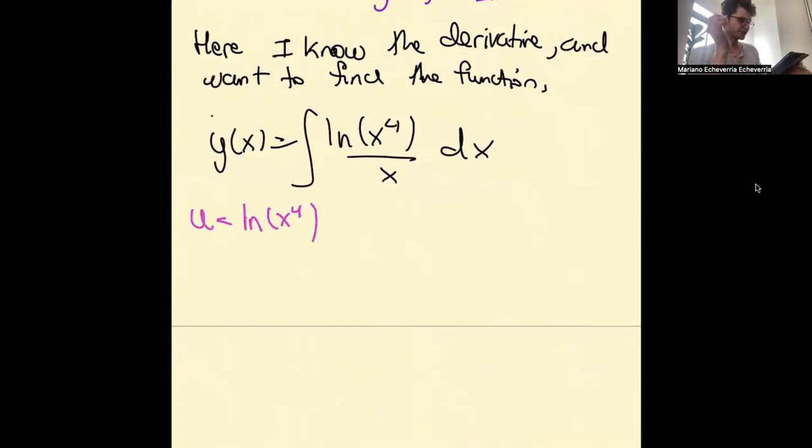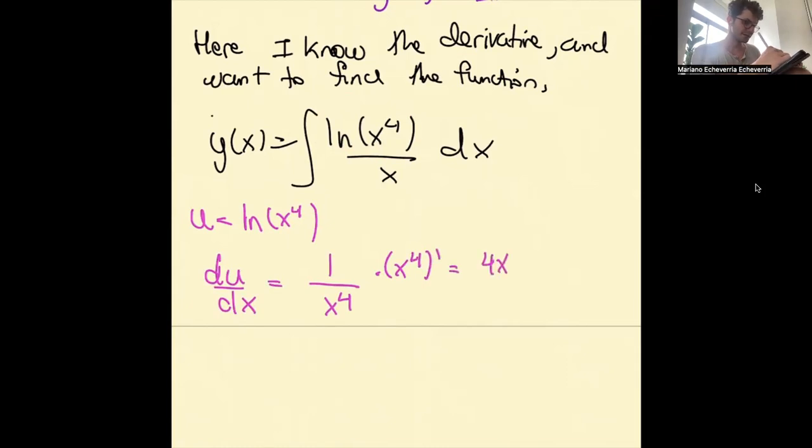So if you just call u the numerator, what is du dx? It is 1 over x to the 4, right? Times, remember what the chain rule says, you have to multiply by the derivative of the inside. So you have to multiply by the derivative of x to the 4.